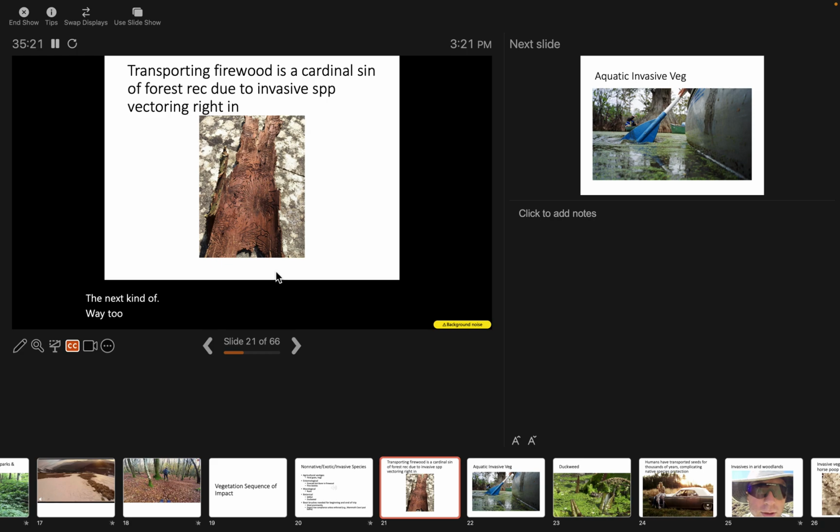way to introduce impacts is by transporting other mobile invasive species like emerald ash borer, bark beetles, pine beetles, stuff like that. Yeah, once they are in, they are in.